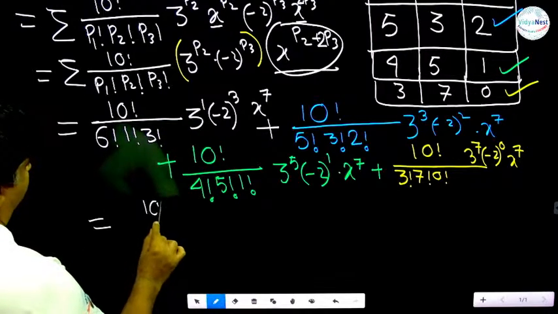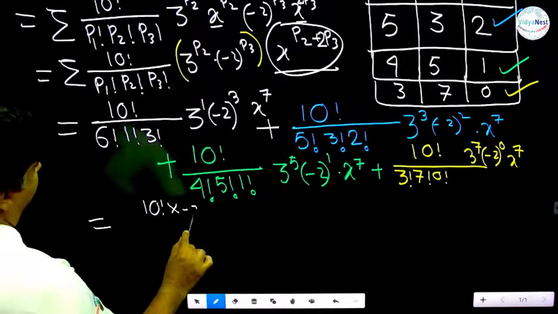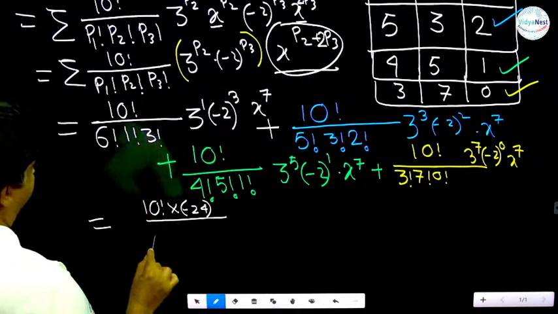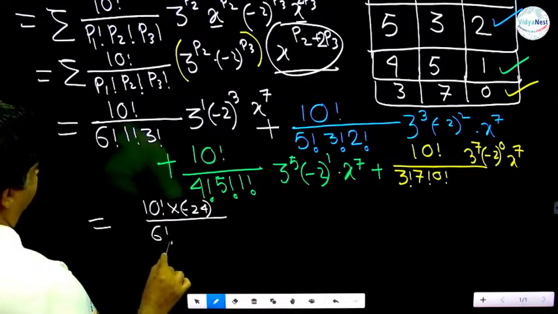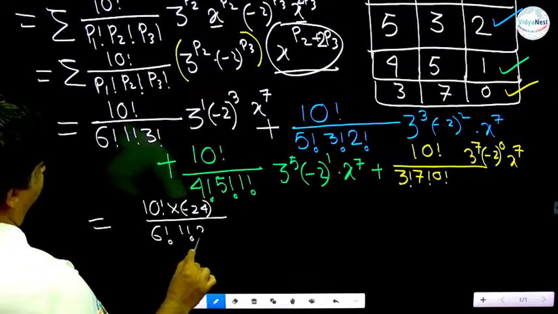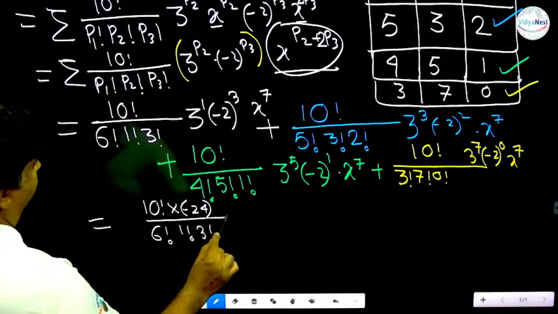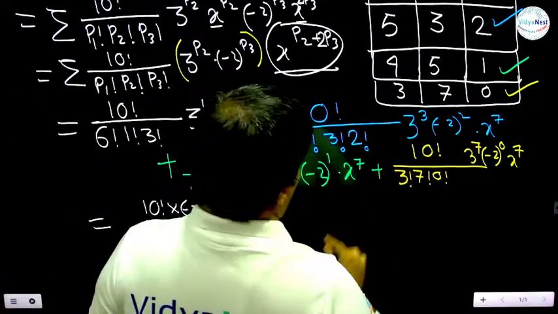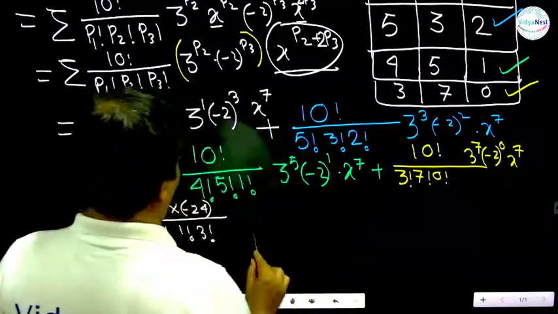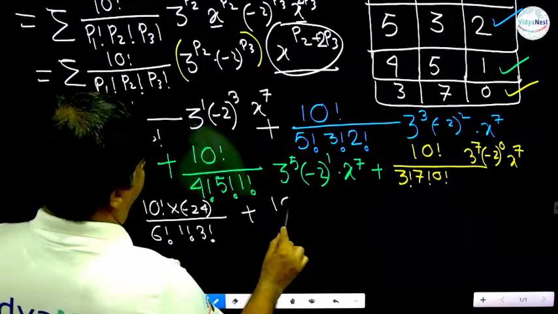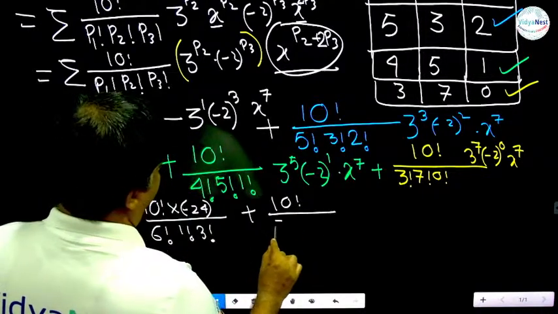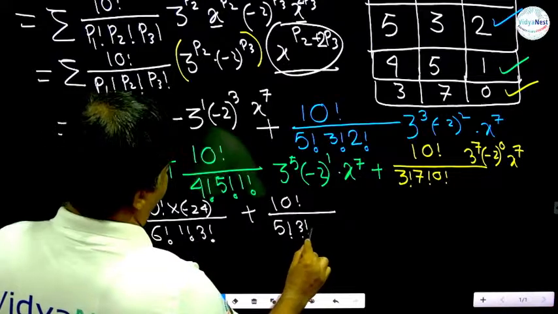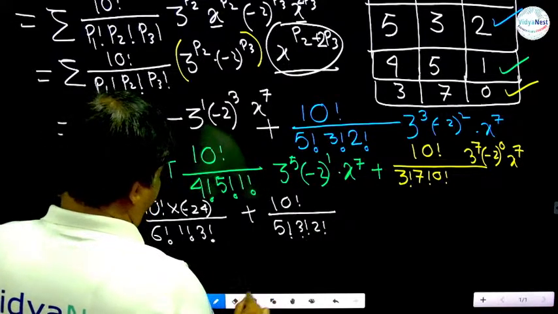Factorial 10 into minus 24 by factorial 6, factorial 1, factorial 3, plus, because minus 2 whole square, minus will be absorbed, you will get factorial 10 by factorial 5, factorial 3, factorial 2.